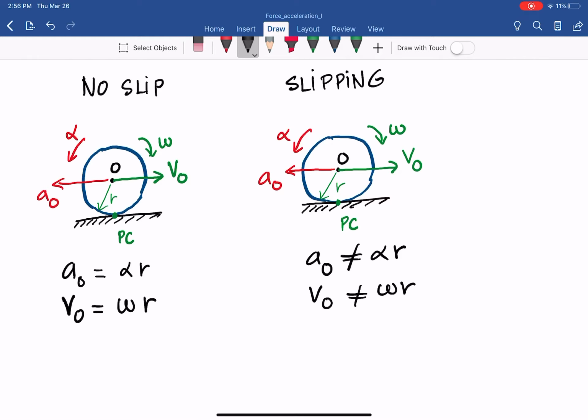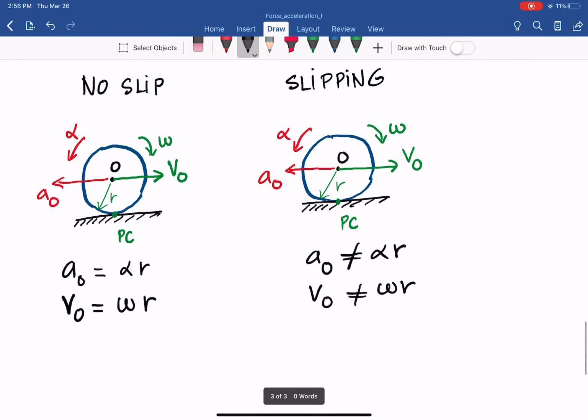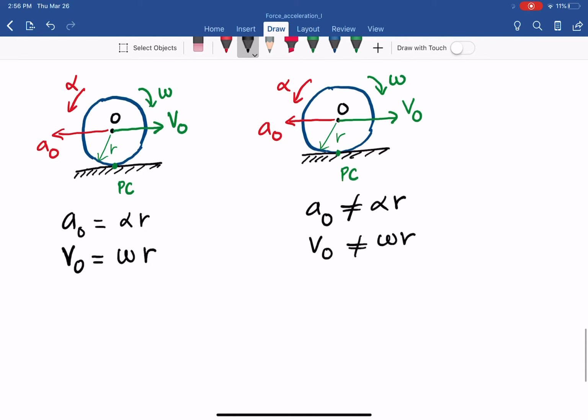And then if it is no slip, if you recall, the friction force at the contact is unknown, and it's less than or equal to mu sub S times N, where N is the normal force.